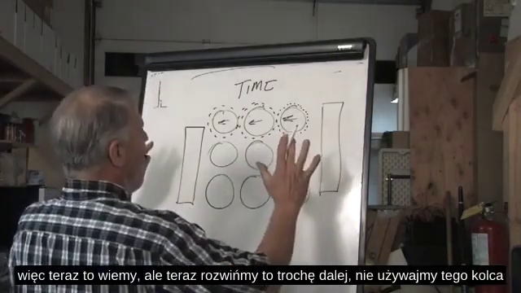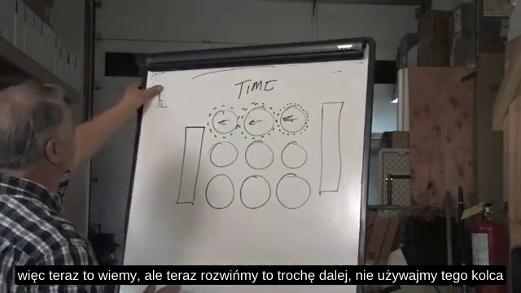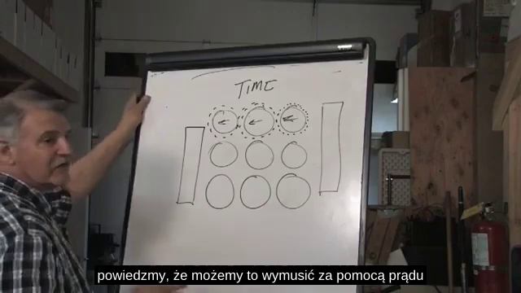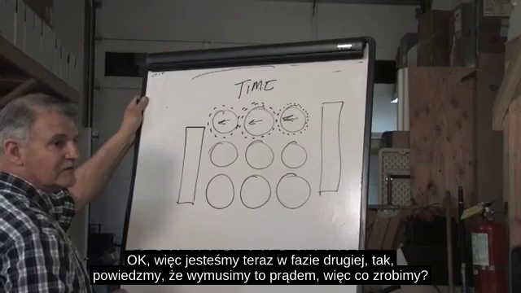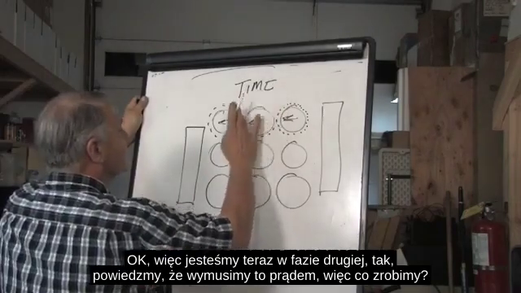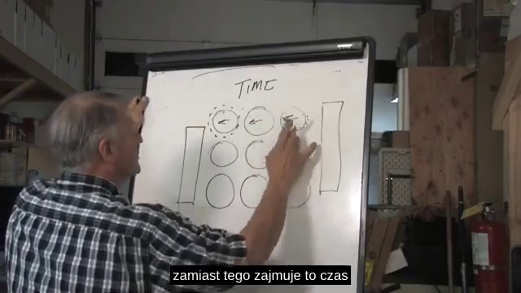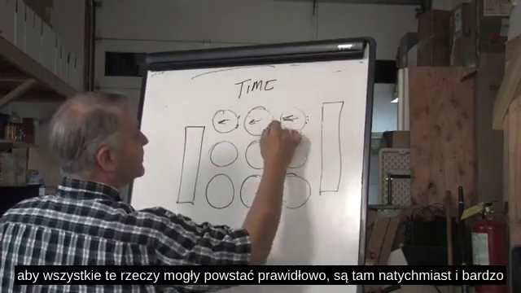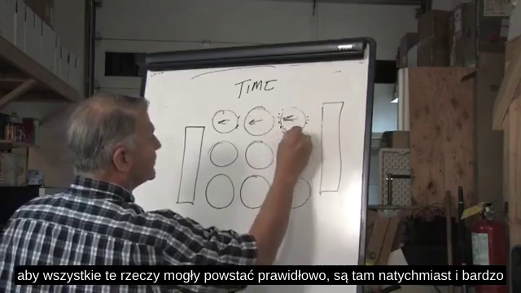So now we know that. But now let's take this a little bit further. Let's not use this spike. Let's say we can force this with current. So we're in phase 2 now. Let's say we force this with current. So what we do is, instead of it taking time for all these things to build, they're immediately there with the current.